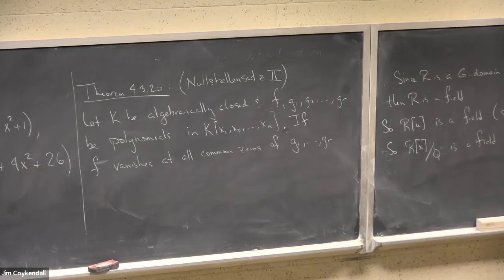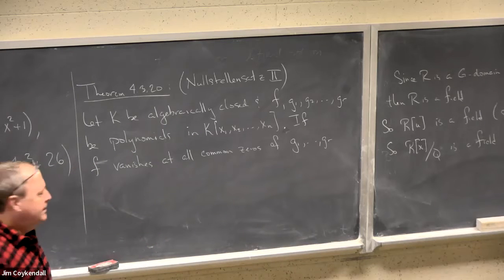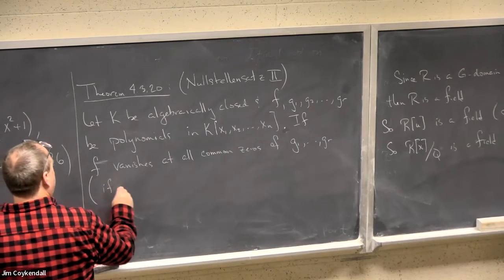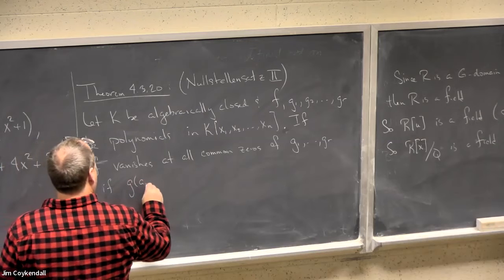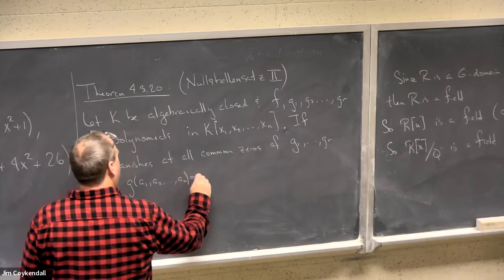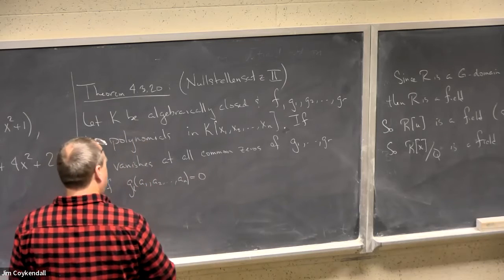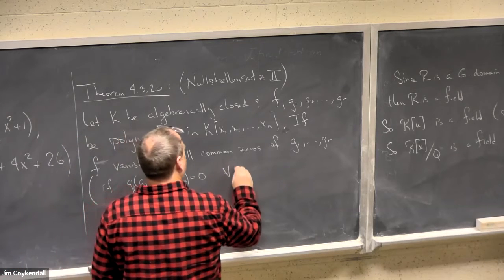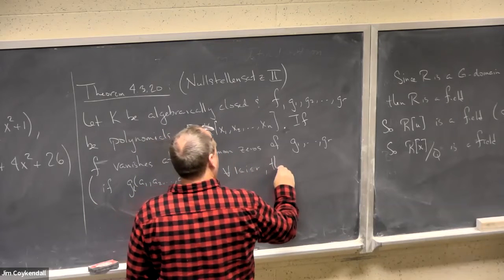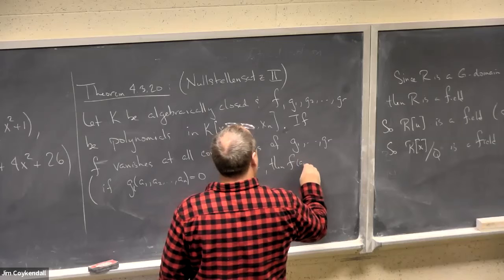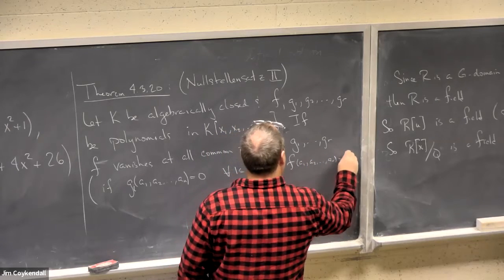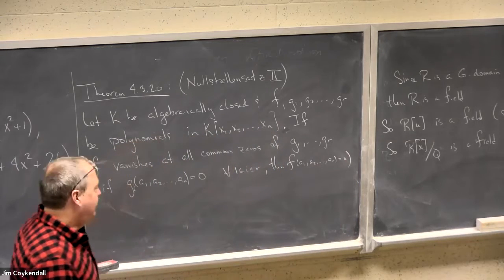and let me just make clear, that is to say, if Gi of A1, A2, through An equals 0 for all i between 1 and R, then F of A1, A2, through An equals 0. So that's what I mean by vanishing at common zeros.